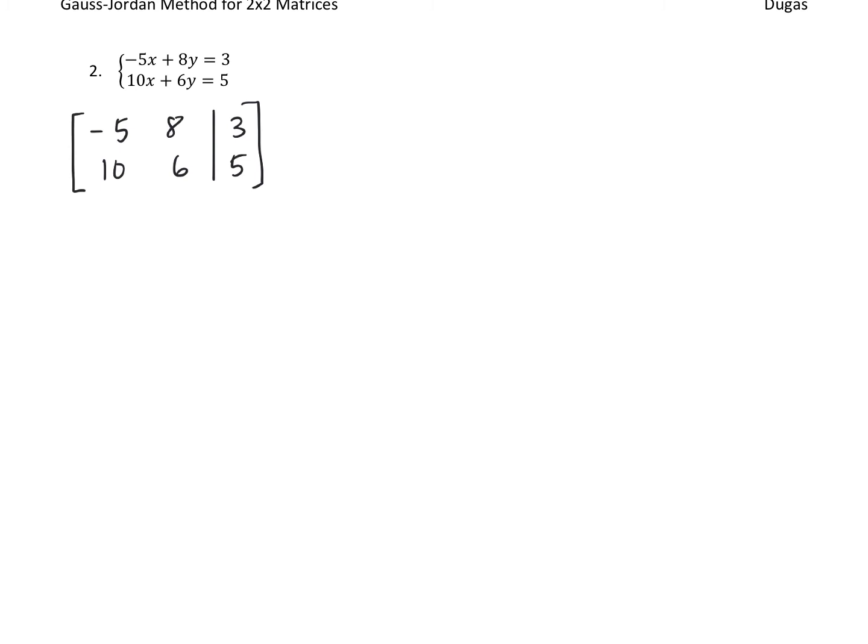You always use multiplication. So we're going to multiply by -1/5, which is the same thing as dividing by -5. When we do that, we multiply the whole first row by -1/5.